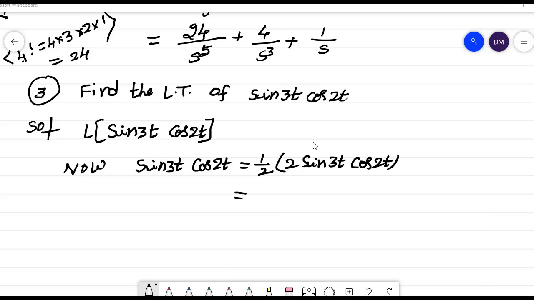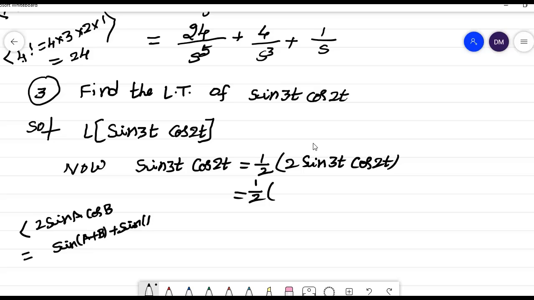This is in the form of 2 sin A cos B. So what is the formula for 2 sin A cos B? Sin of A plus B plus sin of A minus B.